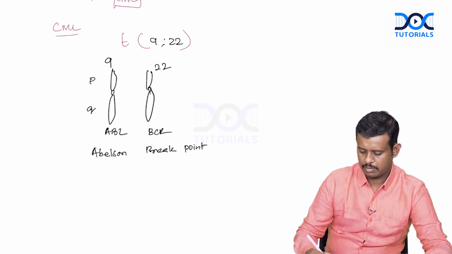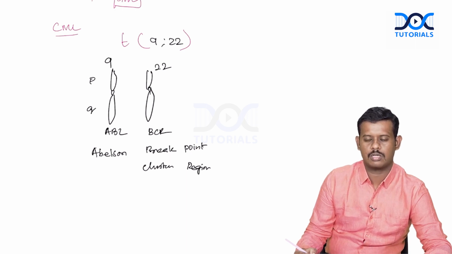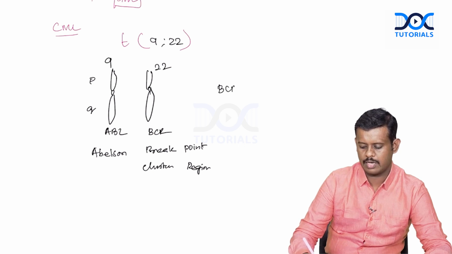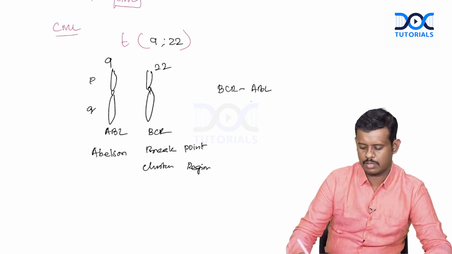When there is a balanced translocation of these two genes, what we get is BCR-ABL. And this is the sole reason for this abnormal proliferation of cells in CML.